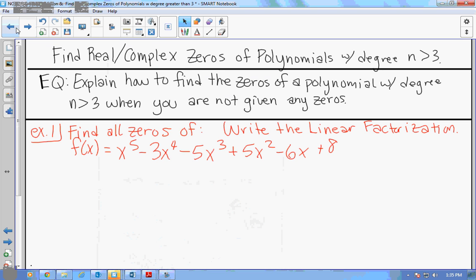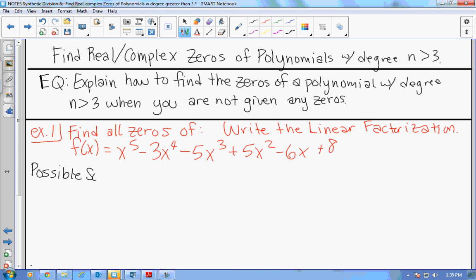Okay, I'm going to come to the board now. Possible solutions or x-intercepts or zeros or roots. X equals, what did we say? -2, 1, and 4. Is that it?